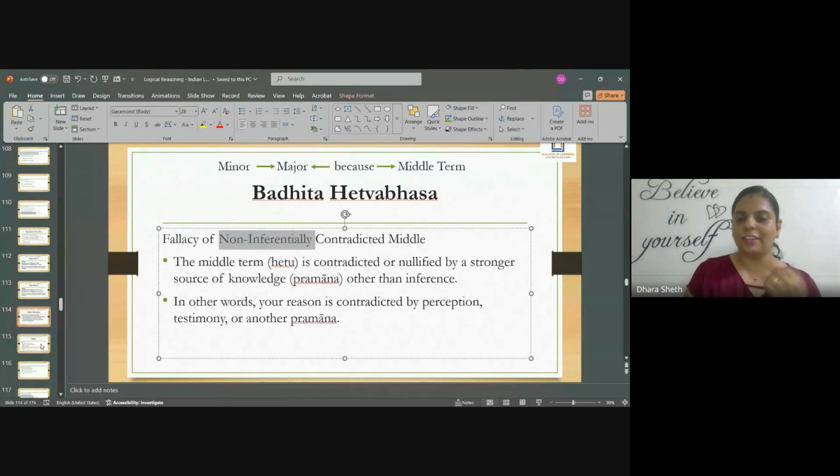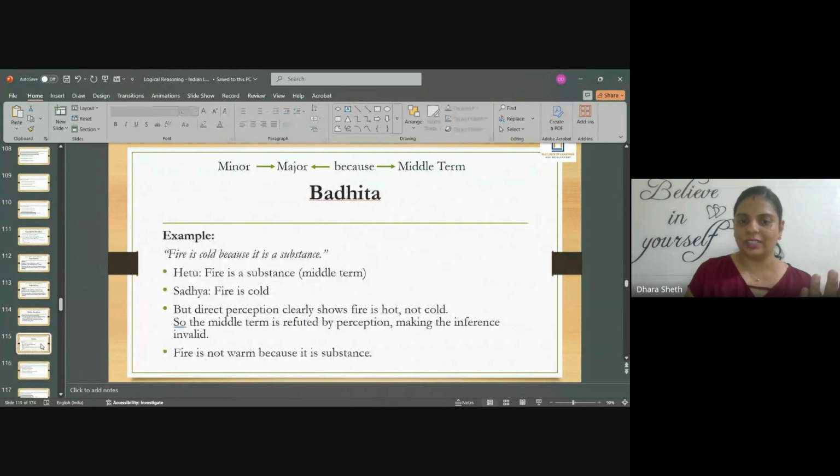Because you know that fire cannot be cold, based on your perception, pratyaksha pramana, we can say this is wrong. Fire is cold because it is a substance, but even though it is a substance, we know that all substances are not cold. We know that fire is not cold, fire is hot. Direct perception shows fire is hot.